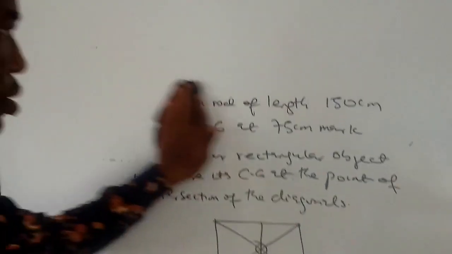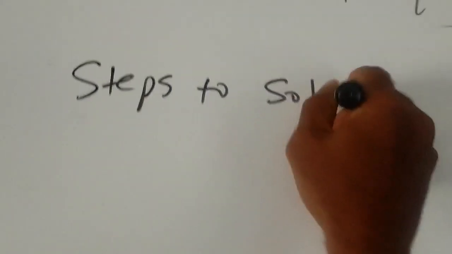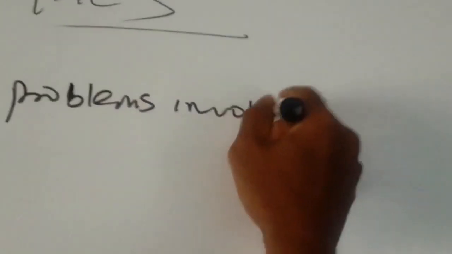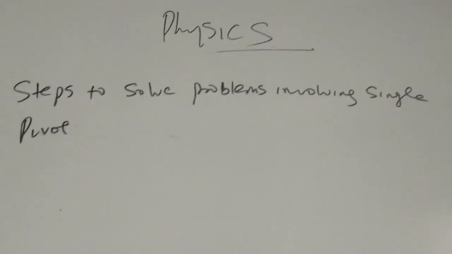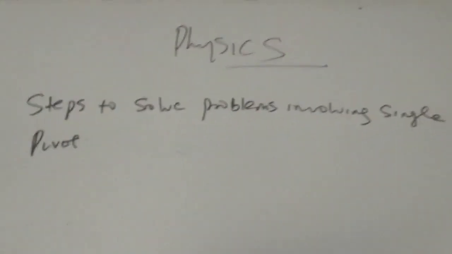Now, having understood this concept of moment, we should know how to solve problems involving a single pivot system. So what are the steps we take? We want to solve problems on moment involving a single pivot system.